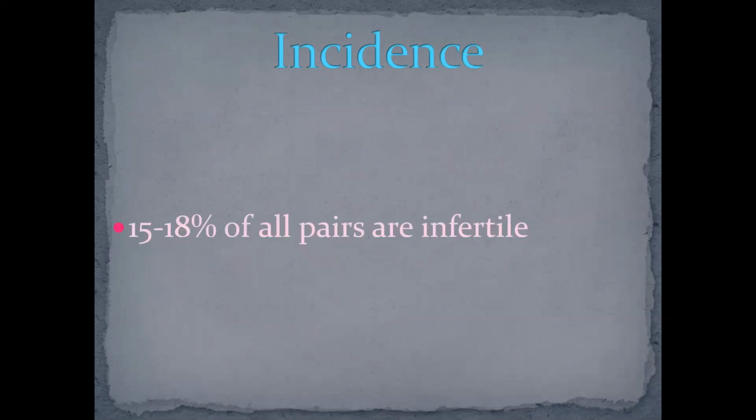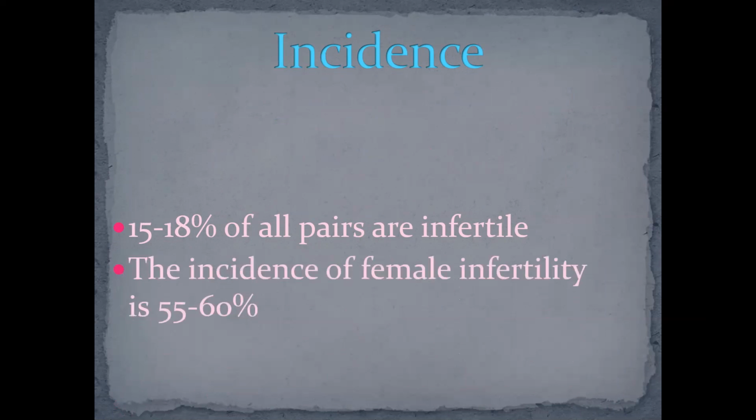What is the incidence of infertility? It is estimated that 15 to 18% of all couples are infertile. And unfortunately, this number is increasing all over the world. Why? Because it's related to the very high incidence of sexually transmitted infections, which are leading causes of inflammatory disease of the female and also male genitals.